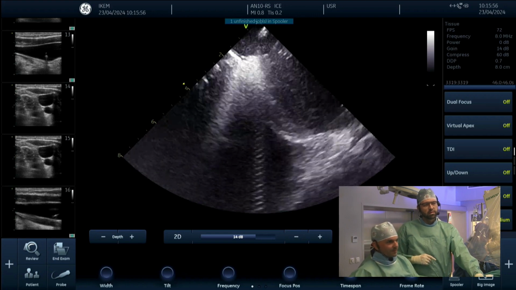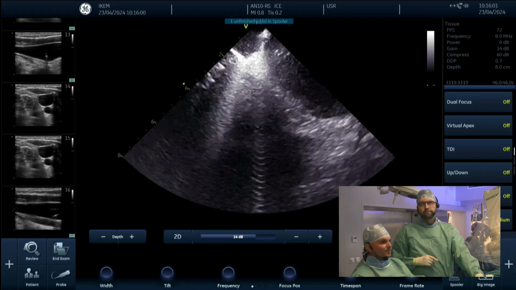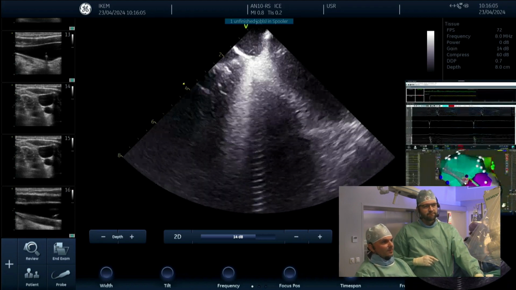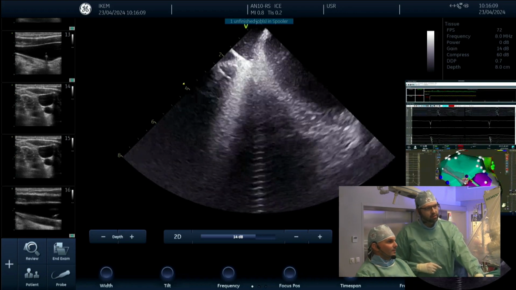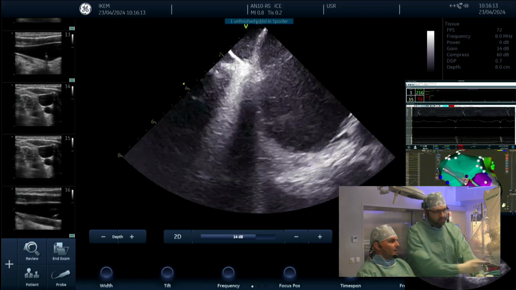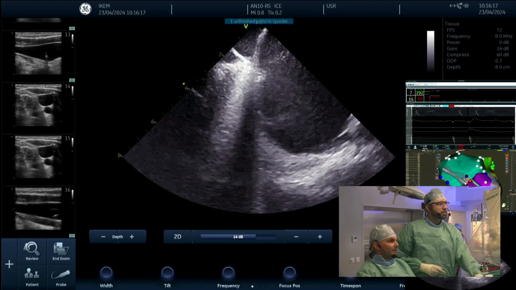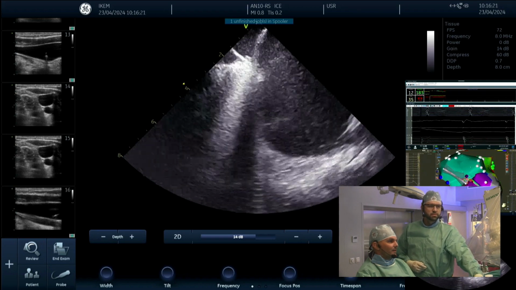And as I said during our VT case with Pascal, and he actually agreed, in the US everybody uses ICE, but in Europe, people always tell me, oh, it's too expensive, we cannot use it. But then they use all these multipolar catheters, and they use pre-recorded CT scans and segmentation, which also costs money.